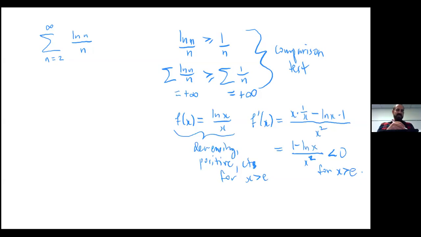So that means this series right here is going to have the same behavior as the integral from, let's just say, 2 to infinity. I could have gone from e to infinity, but who cares, right? We're just talking about the front end of this. It's not that big of a deal. It's the same behavior as the integral from 2 to infinity of logarithm of x over x dx.